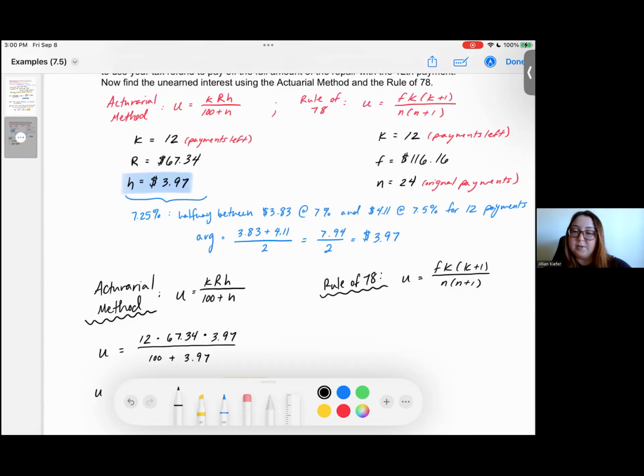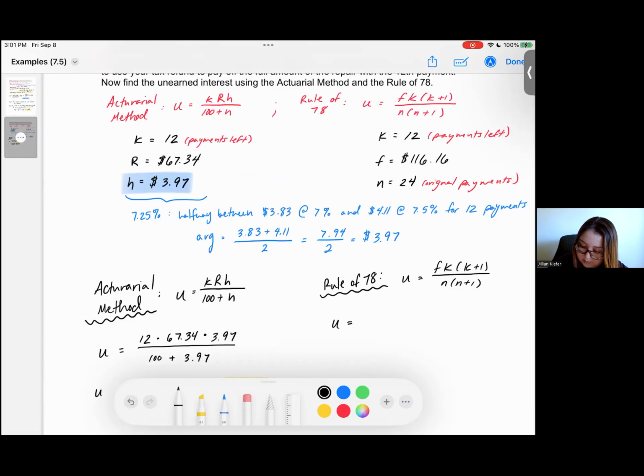All right, so using the rule of 78, we have our formula. We have our finance charge times our payments left times K plus 1, divided by the number of our original payments times original payments plus 1. So we can go ahead and plug these values into our formula.